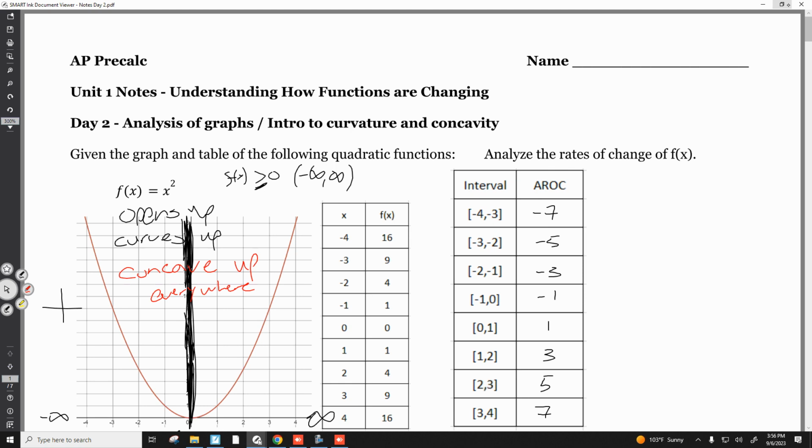All of my questions now are going to be, when are the rates of f negative and increasing? When are the rates of f positive? When are the rates of f positive and decreasing? These are the types of questions I'm going to ask. They are the same questions you've already answered. You just don't know them yet.